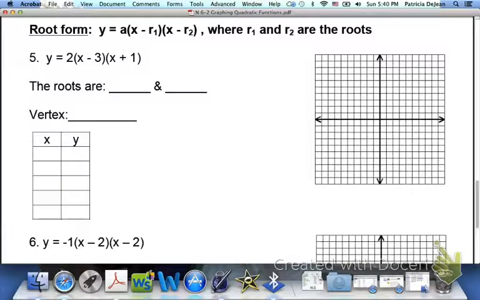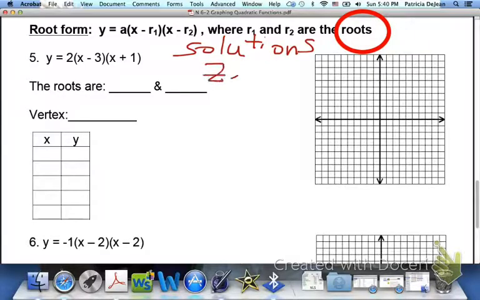There's a lot of words that mean the same thing as this word roots, okay? They could be solutions. We sometimes call them solutions. Zeros, because it's where it crosses the x-axis. Solutions, zeros, and roots of a quadratic all mean the same thing when you're asked to find those. And sometimes we forget that, but they mean the same thing.